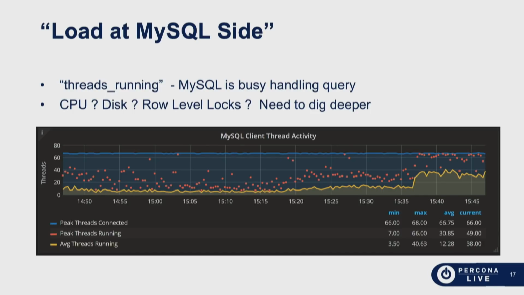So spikes in threads running often correspond to some problems in the system, or problems in the system waiting to happen. In this case, we actually plot both the average number of threads running, as well as those red graphs that show spikes, the maximum number, because both of them are good to understand.